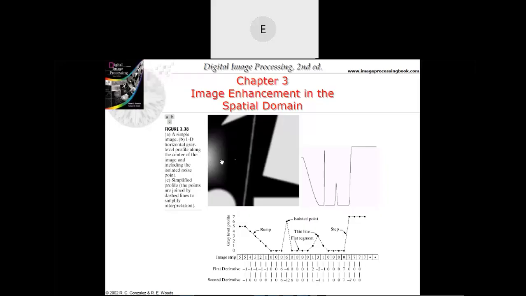On this line, as I move, you can observe the value is white here, so you see some high value, and as I move the value is decreasing, and then it has become dark. Then at this point suddenly the value has increased and come back.